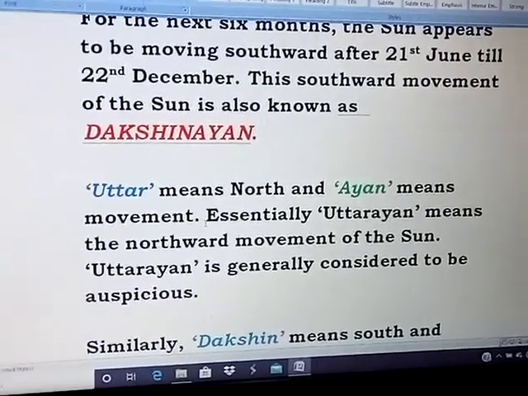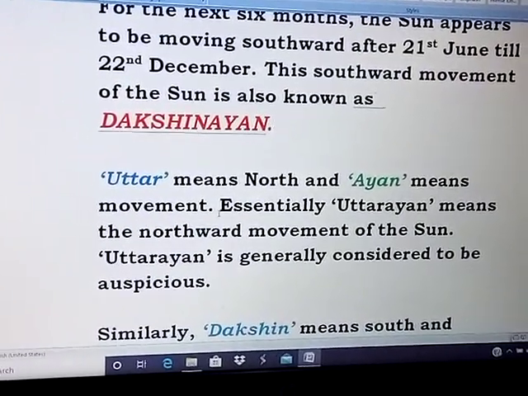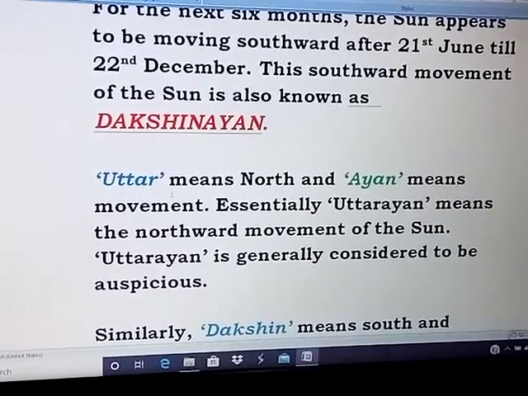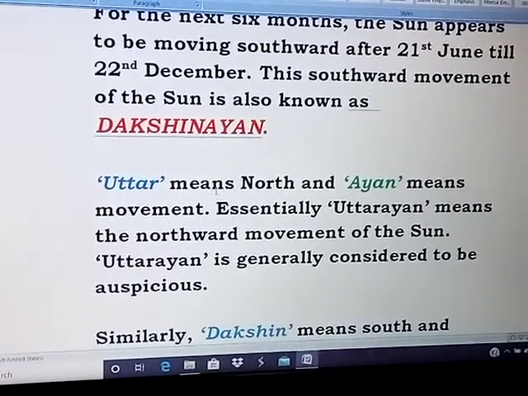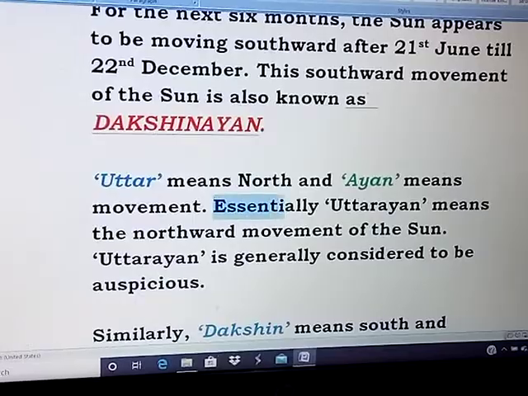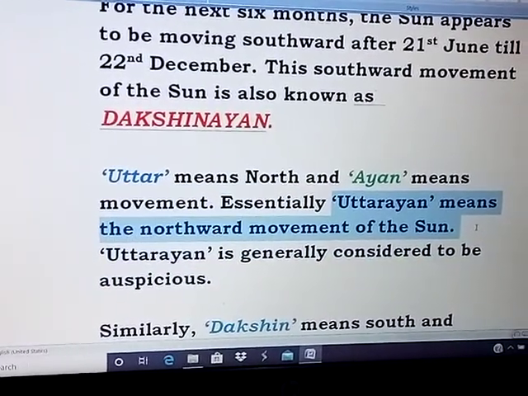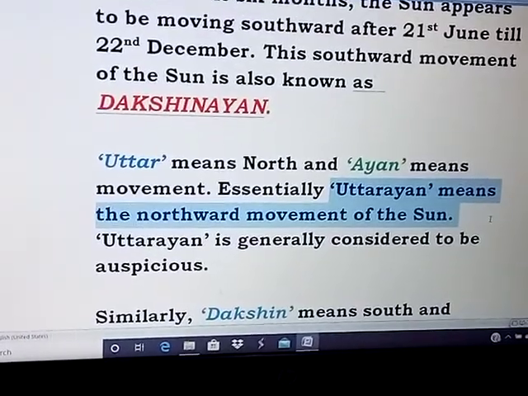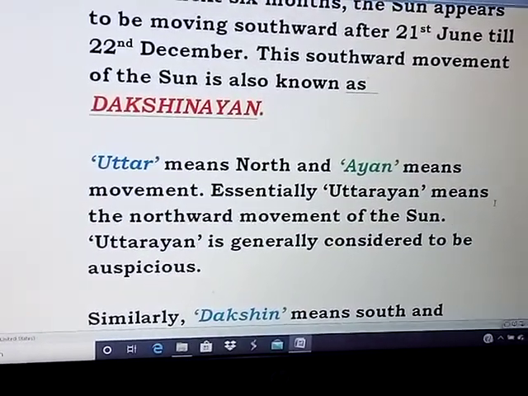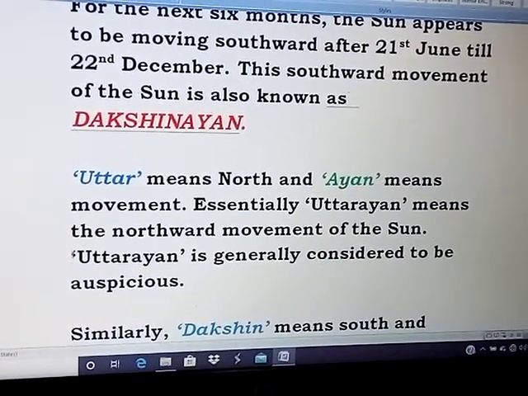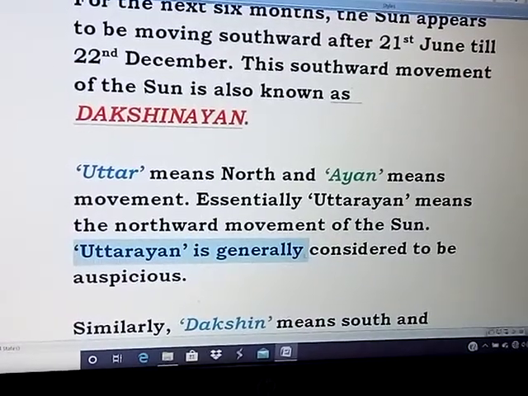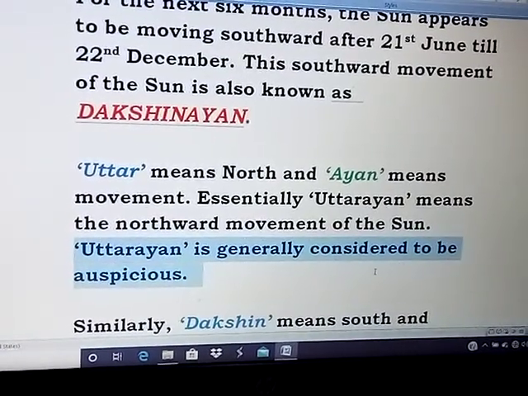So Uttarayan means it is going towards the northern side. Essentially, Uttarayan means the northward movement of the sun, and it is believed in our Indian culture that the beginning of Uttarayan is generally considered to be very auspicious.